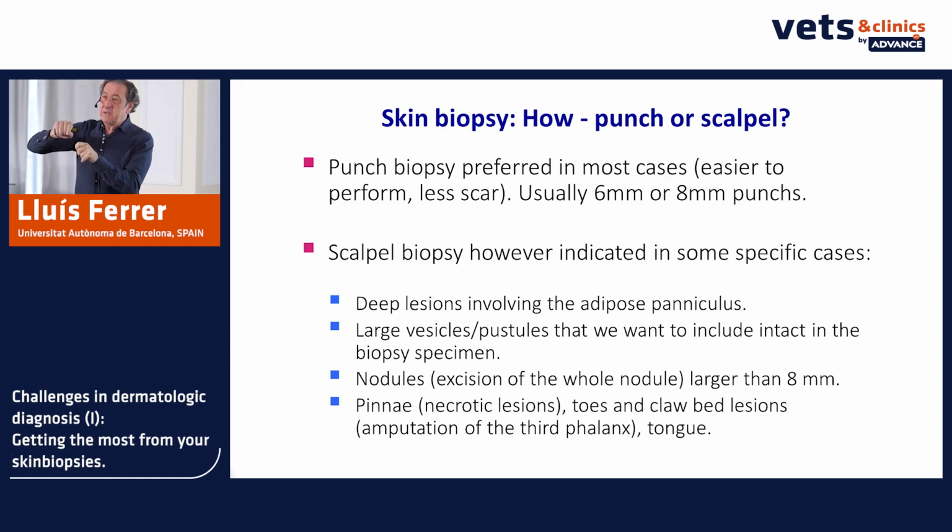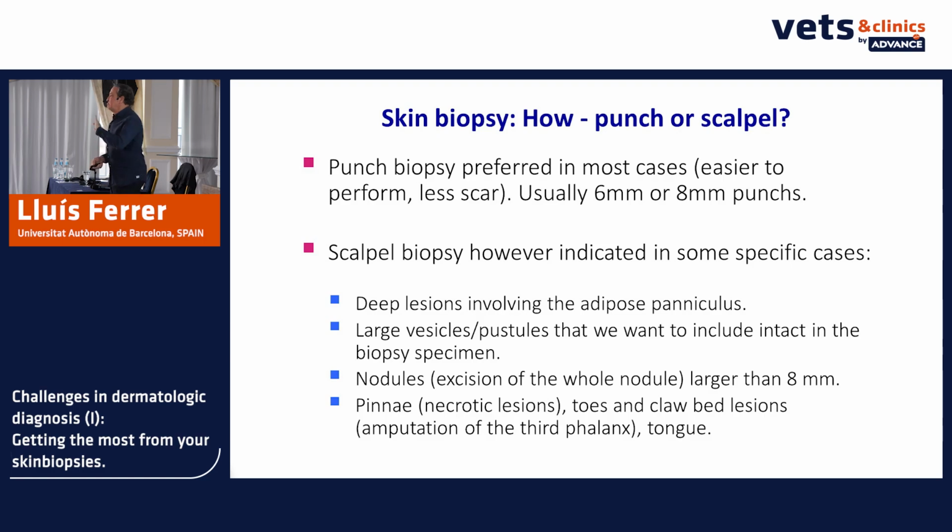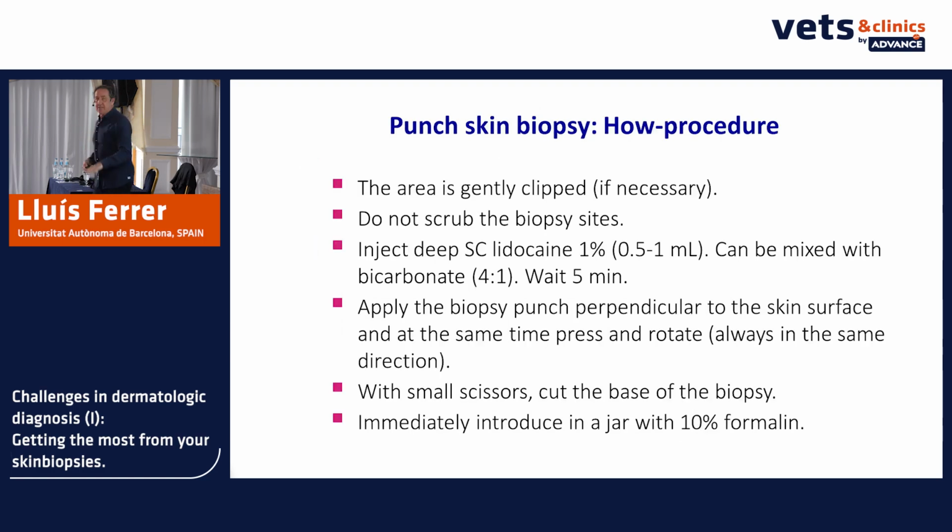With the punch, you easily damage the cartilage, or in some cases, you can go through the pinna. So with the scalpel, you control the depth of your biopsy better. In these 4 situations, I tend to use the scalpel. In all the other situations, usually I go with the punch.